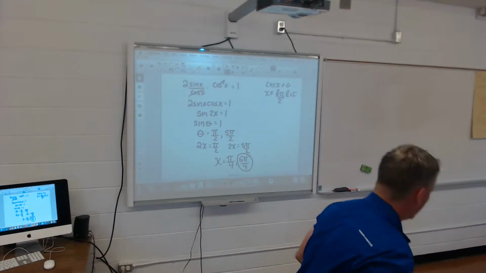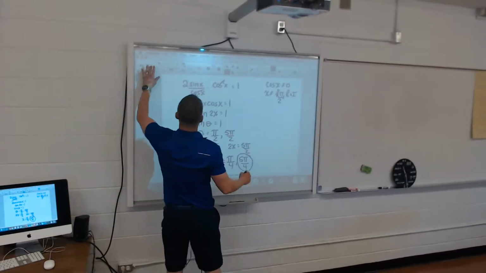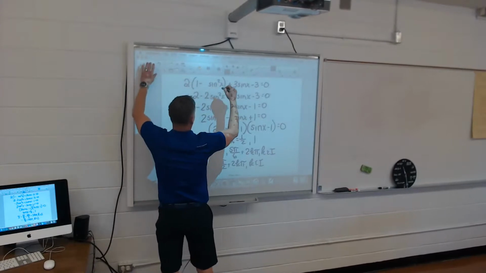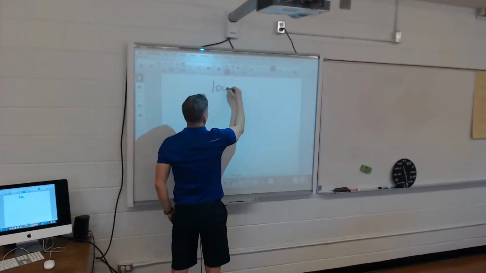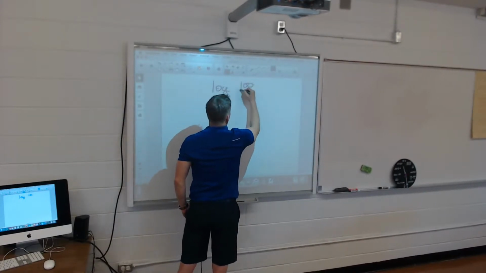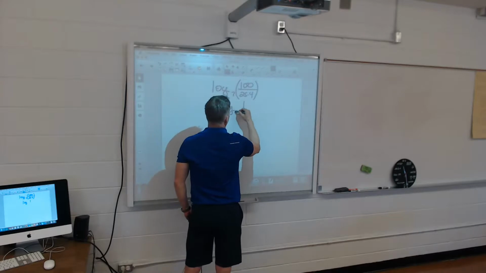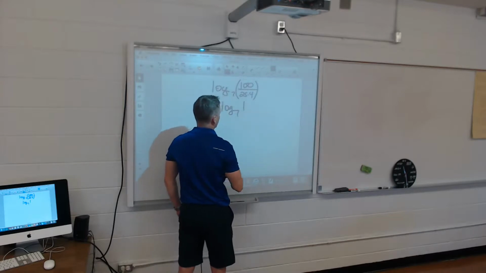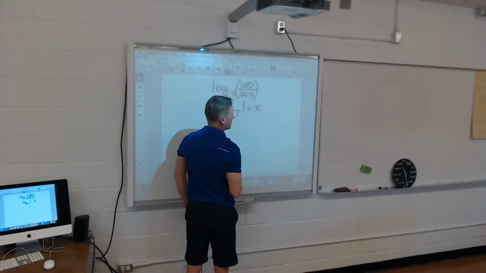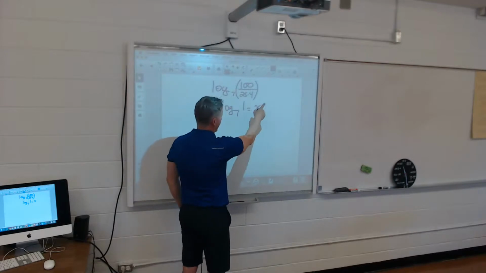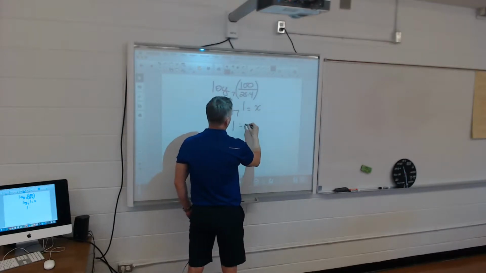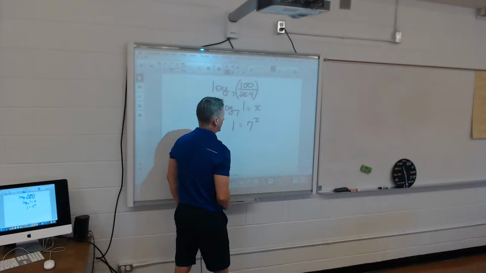Right. So in that question, you would have ended up with the log of 100 divided by 100, to the base 7. So that's the log of 1 to the base 7, right? If I were to put an x there and change it to exponential, I'd get 1 equals 7 to the x.